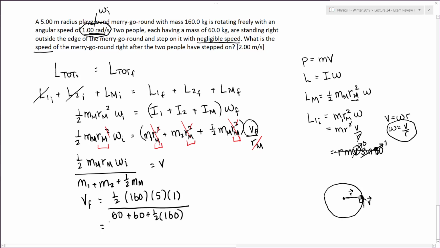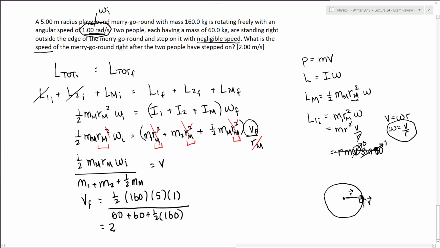And now I'm going to just plug everything onto my calculator. And I get exactly 2.